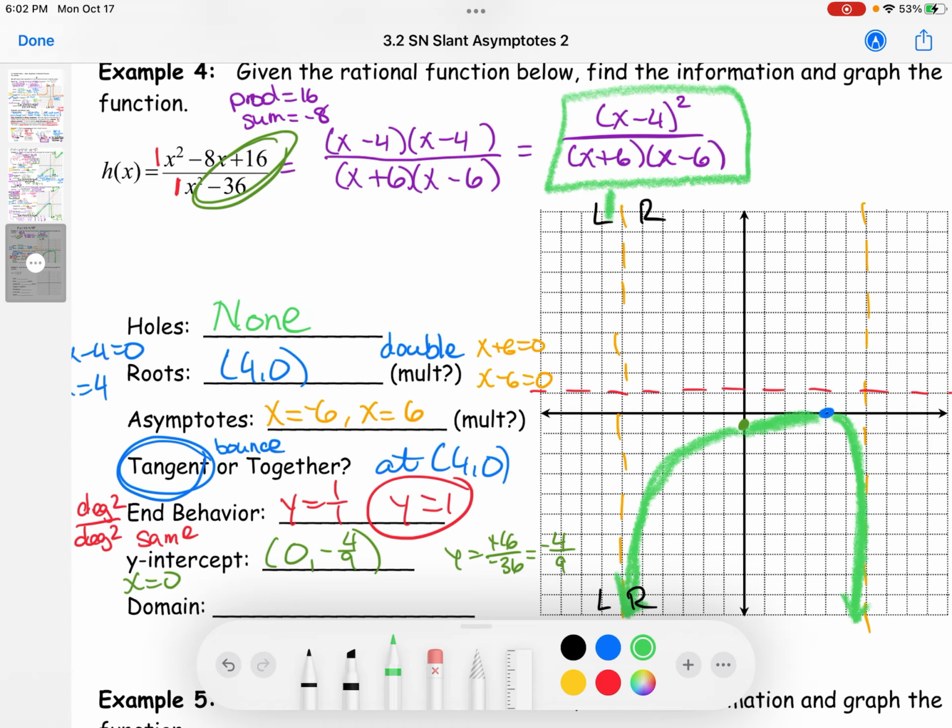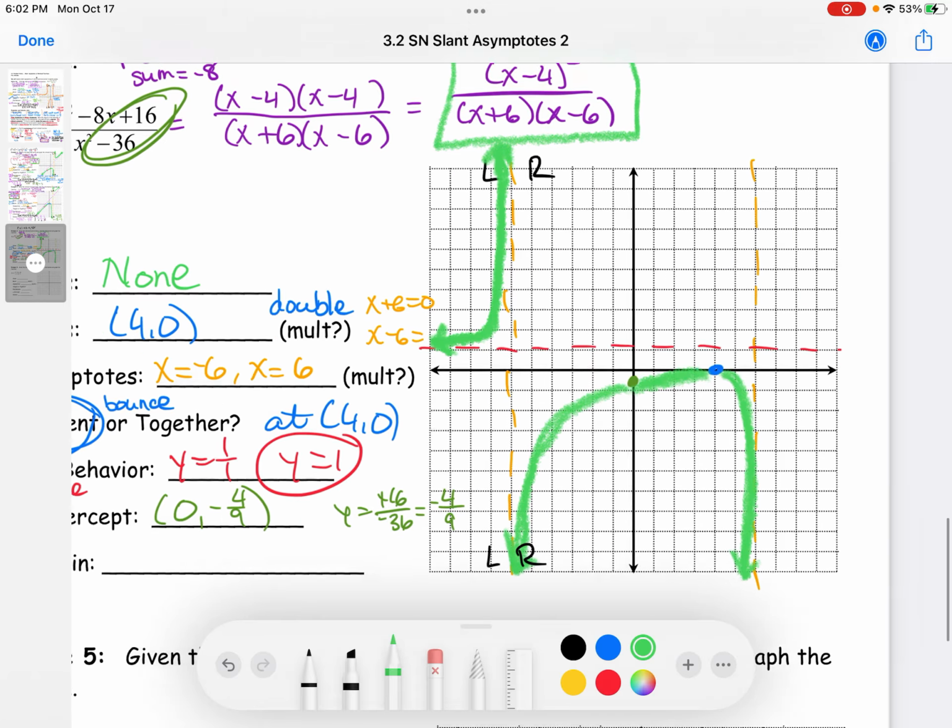There's no sign change, so that left side has to go up. So we'll come towards the asymptote and towards that horizontal asymptote. And here's the piece of our graph.